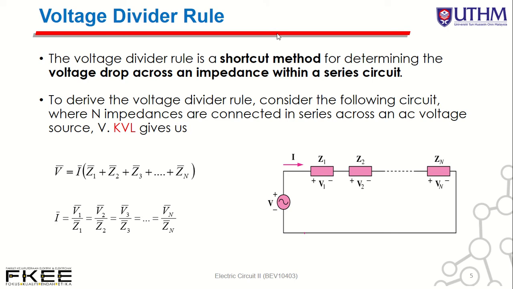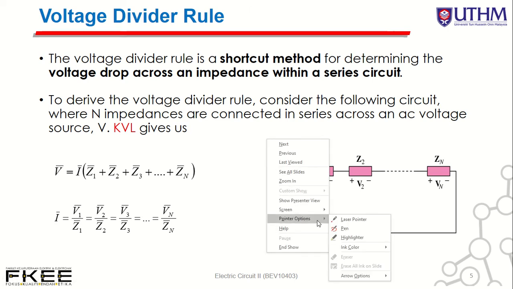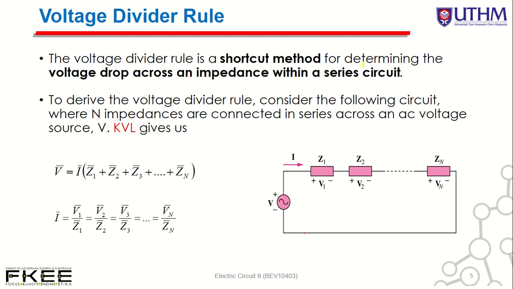Basically, the voltage divider rule is a shortcut method for determining the voltage drop across an impedance within a series circuit. Let's say you have a series circuit, voltage supply V connected with Z1, Z2, Z3 until Zn in series.